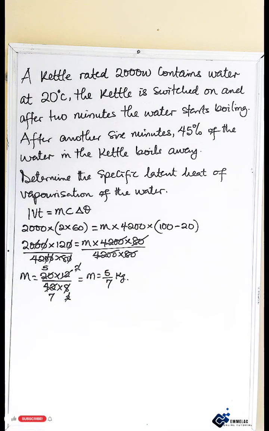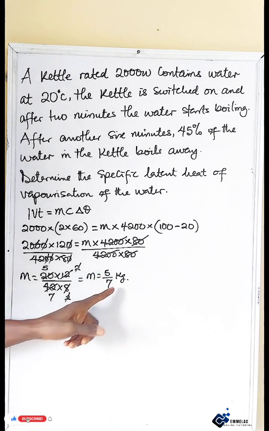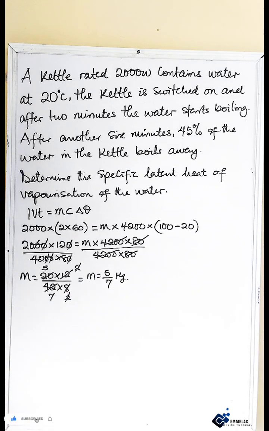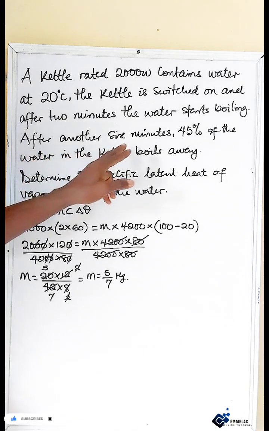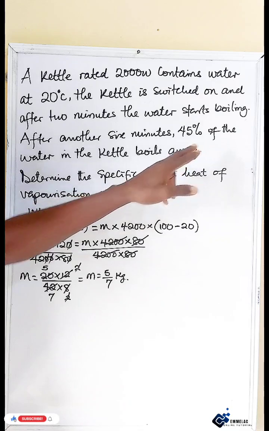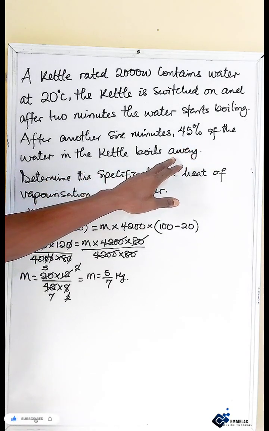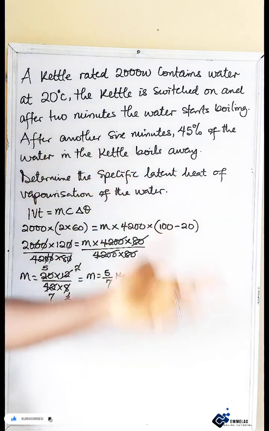Now that we have our mass as 5 over 7 kilogram, let us consider the second scenario. After boiling 6 minutes, 45% of the water in the kettle boils away. Boiling away implies vaporize.